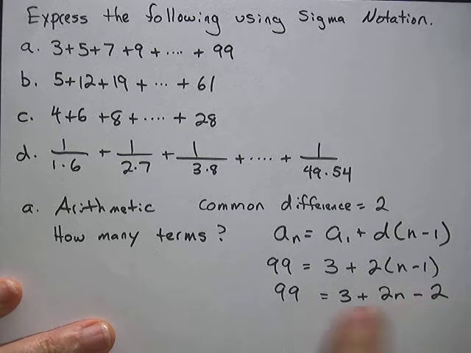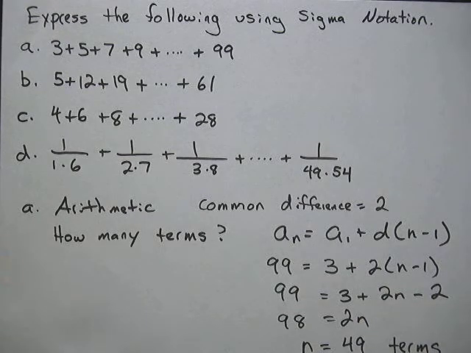So this and this become a 1, and then when we subtract 1 over, this becomes 98 equals 2n. n equals 49. Okay, so we have 49 terms.